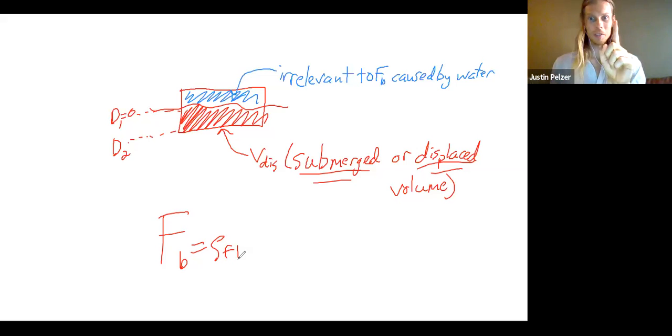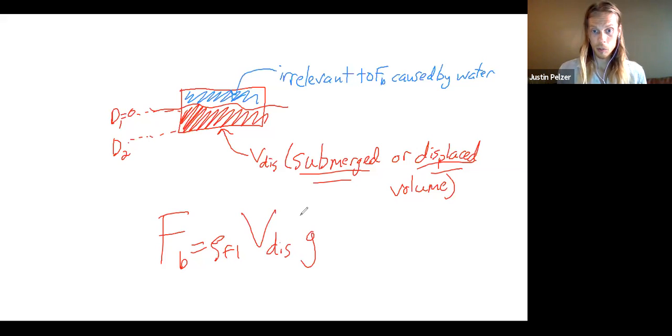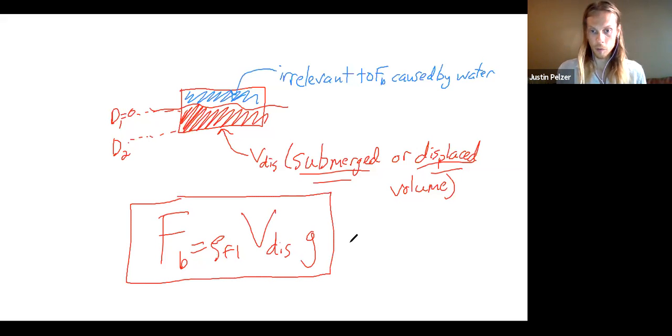That's step 2. This is step 1. Step 1 is saying the density of the fluid times the submerged or displaced volume times g, what planet you're on affects it, of course, is the buoyancy force, and it's the sum of all pressure forces.